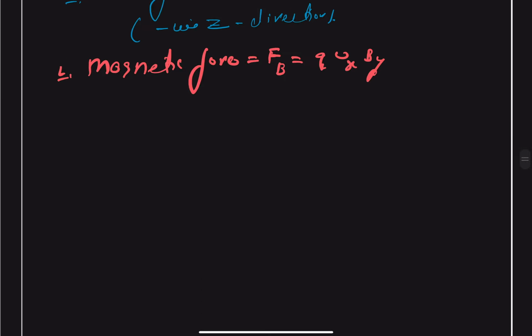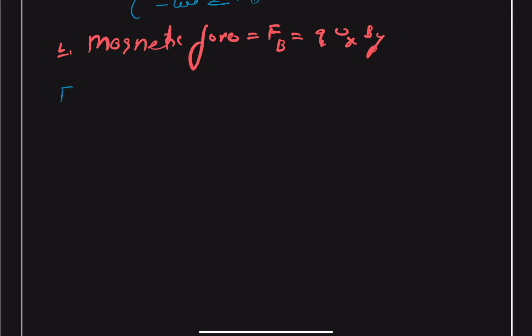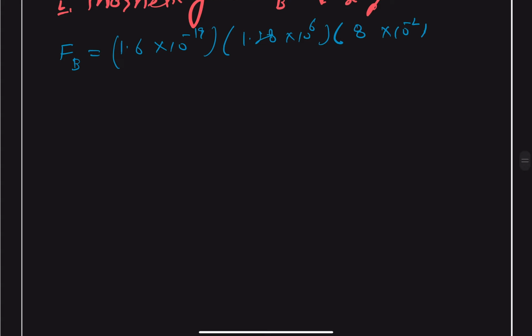We substitute the values: FB is equal to 1.6 into 10 to the power minus 19, velocity is given as 1.28 into 10 to the power 6, and magnetic field in y direction is given as 8 into 10 to the power minus 2. So this gives us that our magnetic force FB will be equal to 1.6384 into 10 to the power minus 14 Newton.